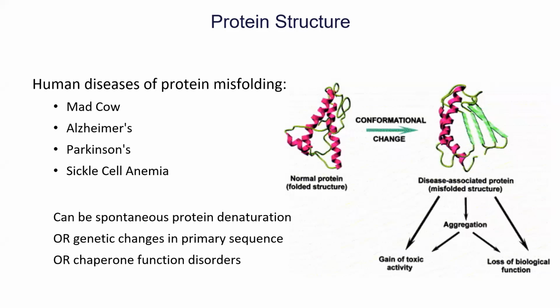So one more thing to say about protein structure, and we're going to talk about this just a tiny bit over the semester, is that sometimes things go wrong. And this is actually the cause of a few human diseases. I want to talk a little bit about sickle cell anemia today, and we'll talk about it a couple more times over the semester. But these are diseases that are related to misfolding of proteins.